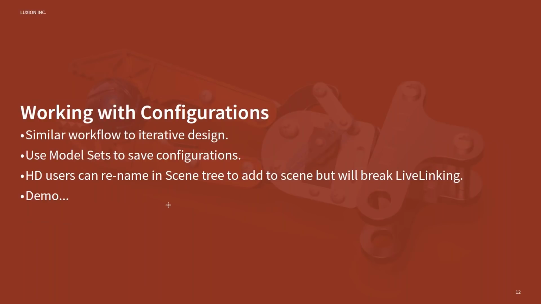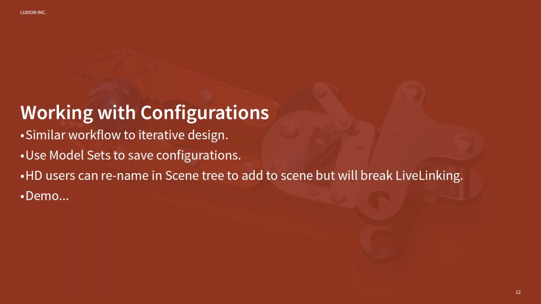The next topic I want to talk about is configurations, which is a very similar workflow to iterative design. So again, we're going to use model sets to save those variations of configurations.